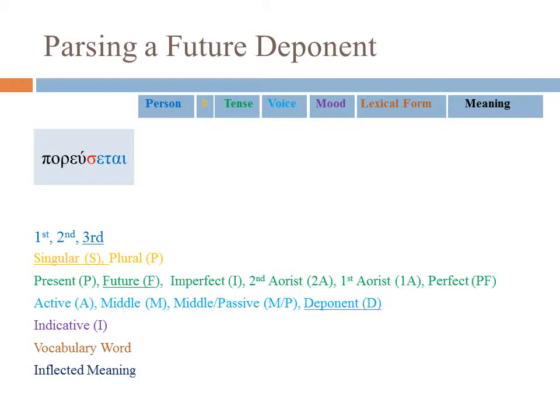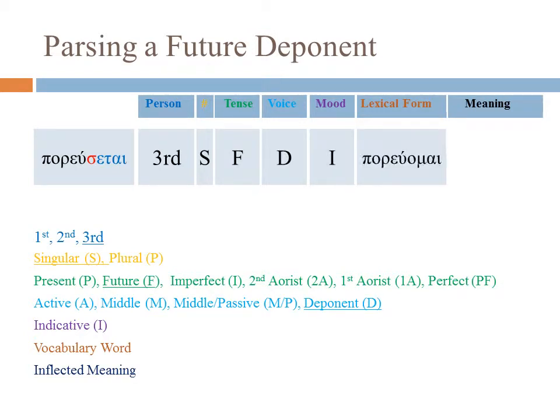The person, that tau tells us, and it's a third person, it is singular. The tense is future, tense formative here. The voice is active. The mood throughout is indicative. The lexical form, we go back to the beginning, and it's πορεύομαι. It would be a deponent otherwise. And the meaning is he, she, it will go.